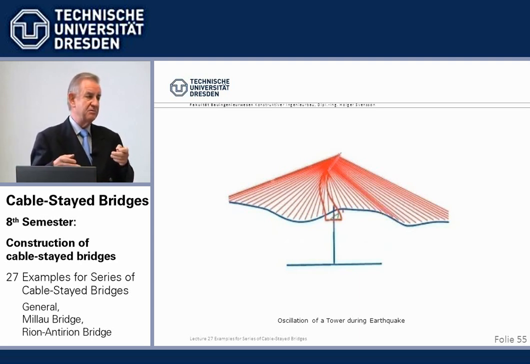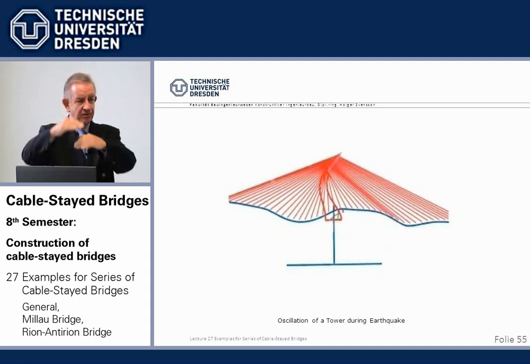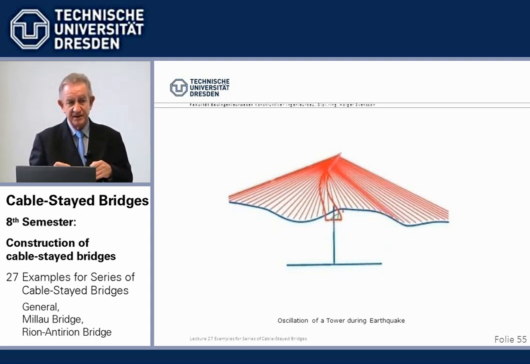And if you do that carefully, and the French have done that, you have to do many runs, and I think they checked 80,000 cross-sections for stiffness and sizing of reinforcement. If you do it in real detail, it's very tedious work.